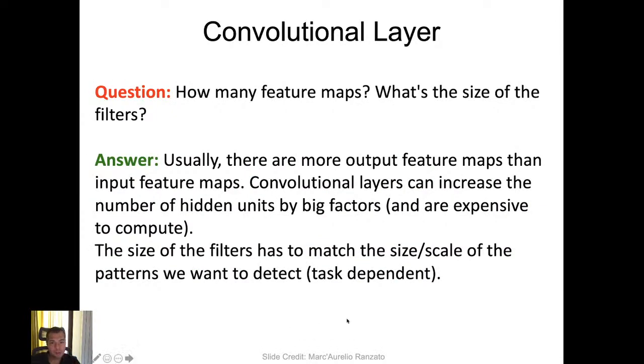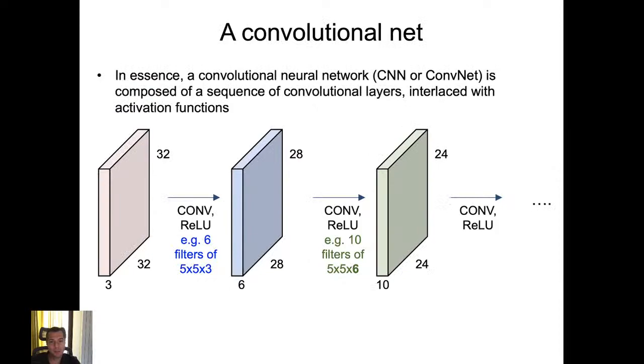Usually there are more output feature maps than input feature maps. This is one observation, and it is because we usually want to increase the filters as we go deeper into the network.